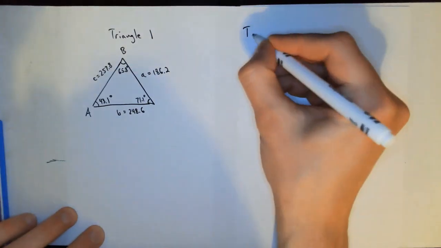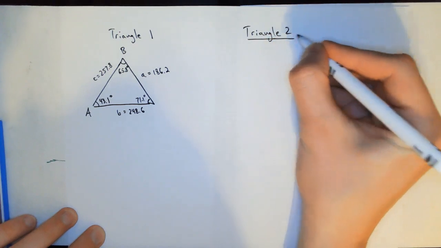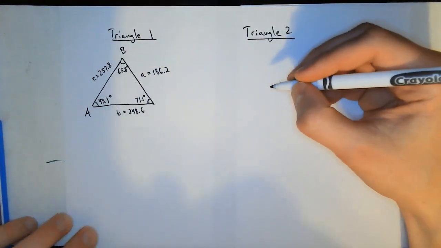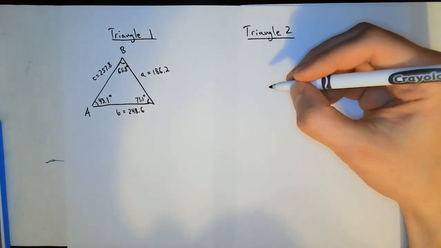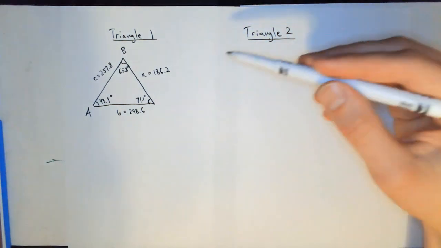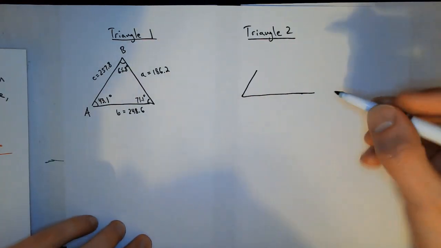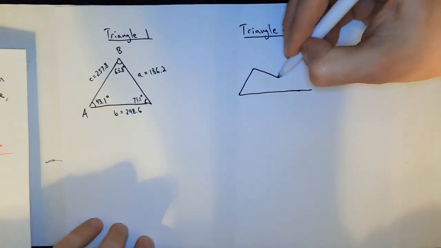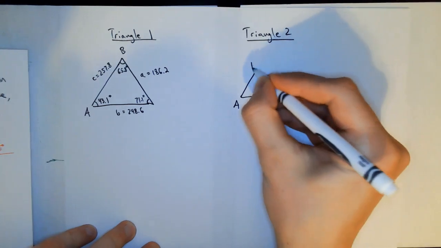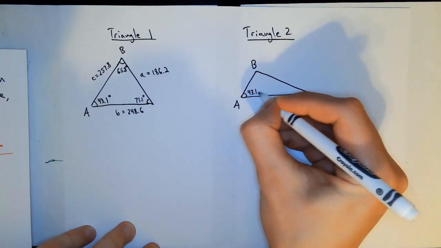Now triangle 2. Some stuff is the same: the angle A, the side B, and the side A. So it's more like this, with this being A, this being B, and this being C. Let me write down angle A was 43.1 degrees.